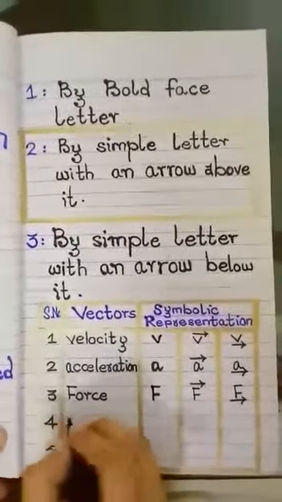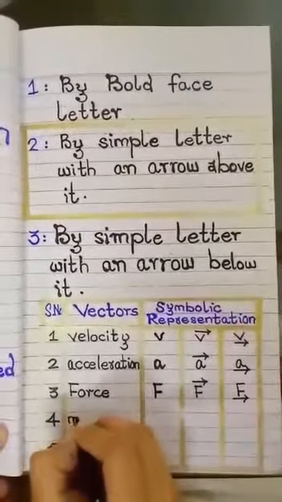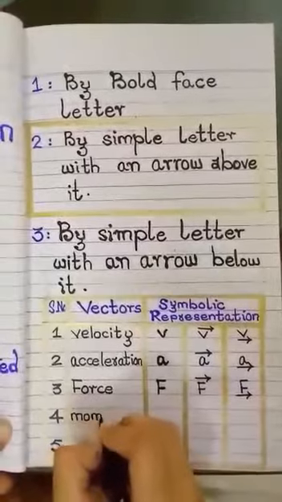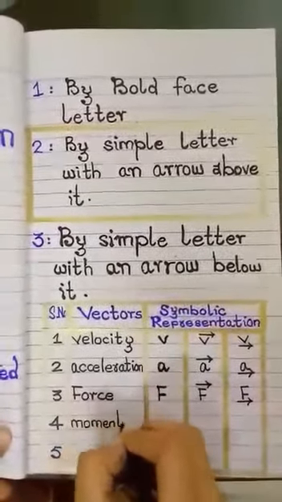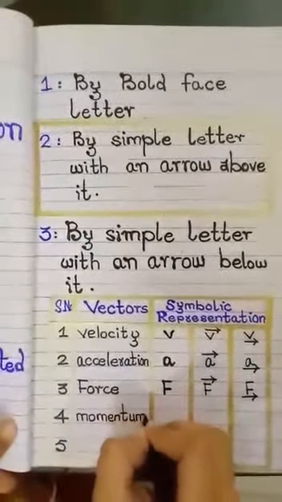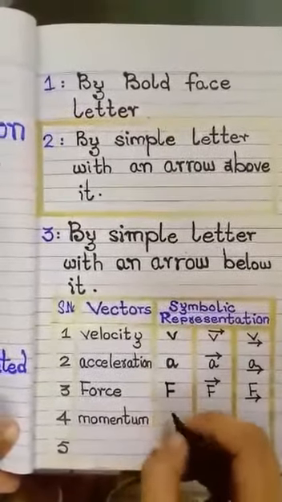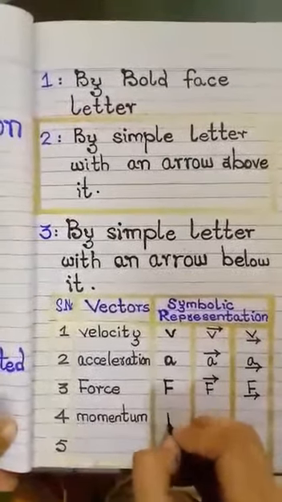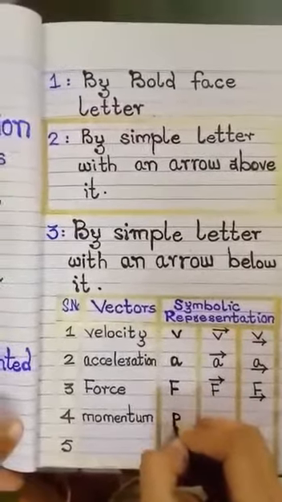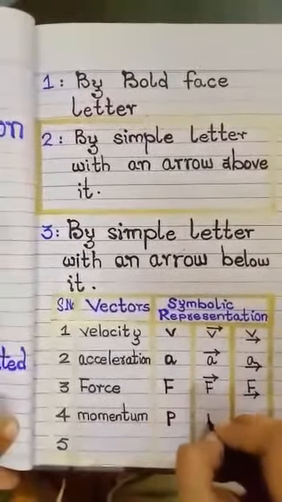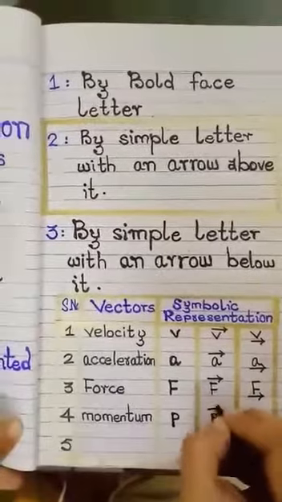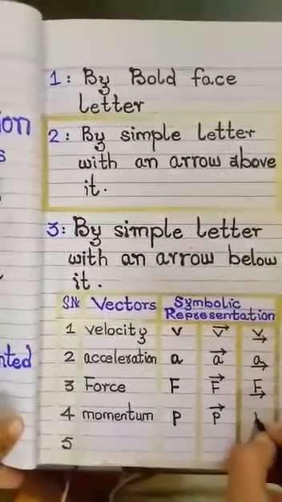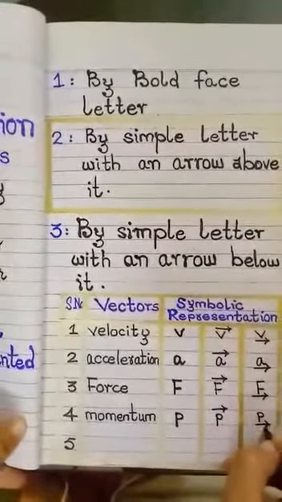Next example is the momentum. Students, momentum is a vector quantity and it is represented either by small bold-faced letter P, or simple small p with an arrow over it, or simple small p with an arrow below it.